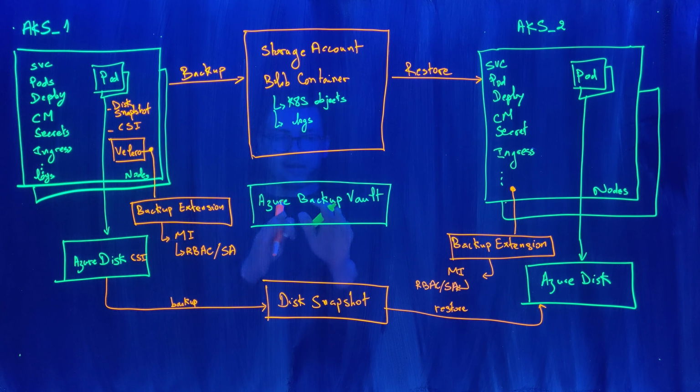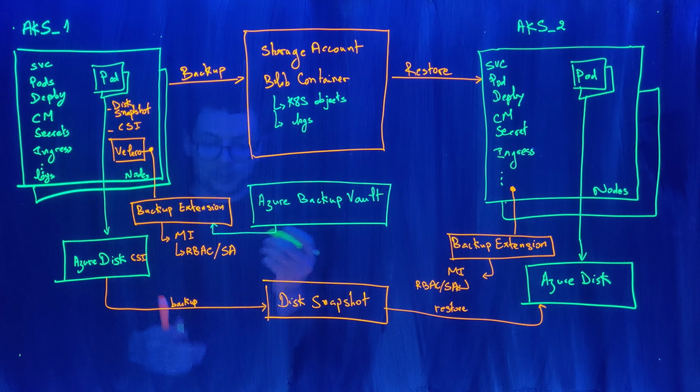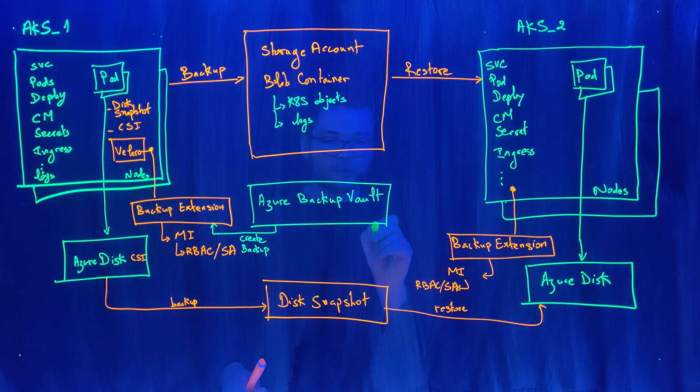Now the Azure Backup Vault is the orchestrator for all of these processes. So Azure Backup Vault will communicate with the backup extension. It will connect to the backup extension to instruct it to start the backup, and it will instruct the second extension here to perform the restore operation.